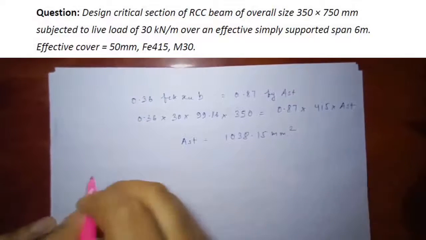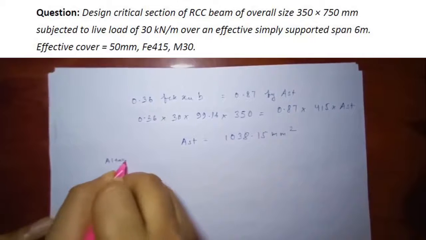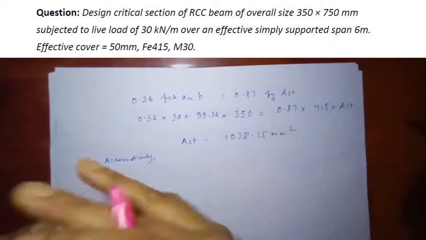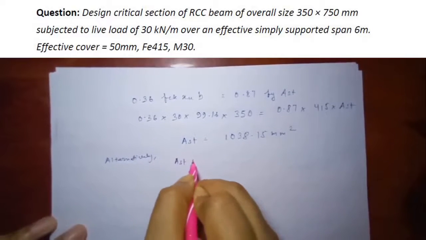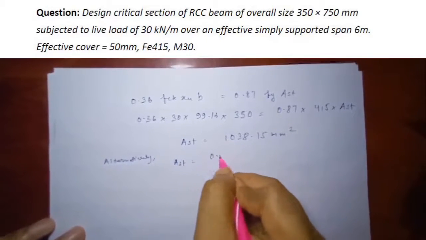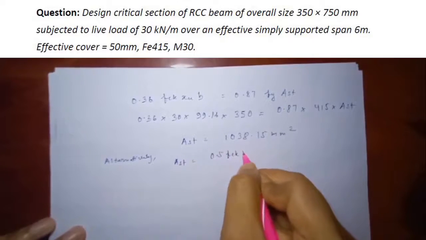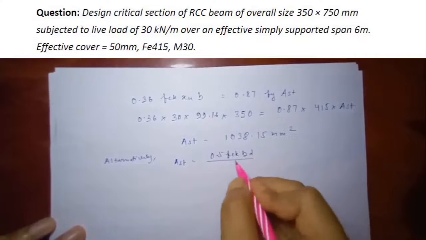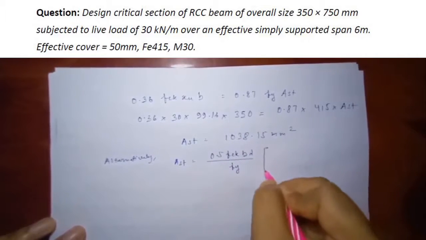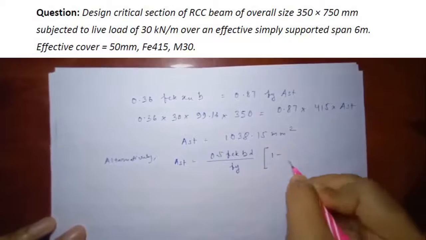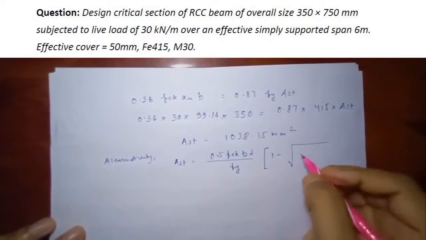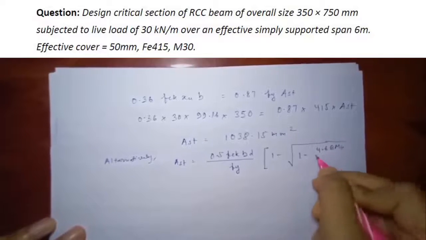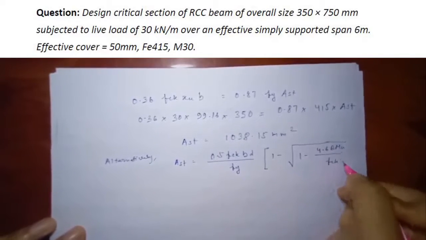And alternatively, apart from this, you can also use this formula to get the value of AST, which is equal to 0.5 FCK BD upon Fy. This is just a direct formula to get the value of AST, minus square root of 1 minus 4.6 BMU upon FCK BD square.